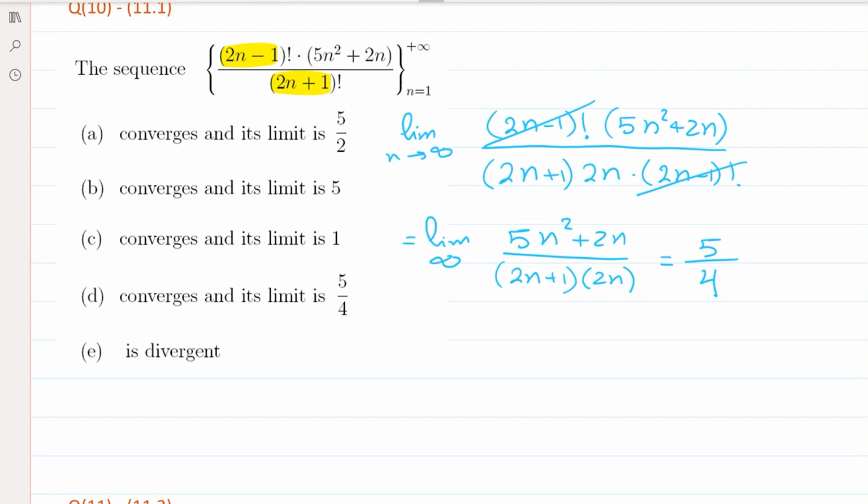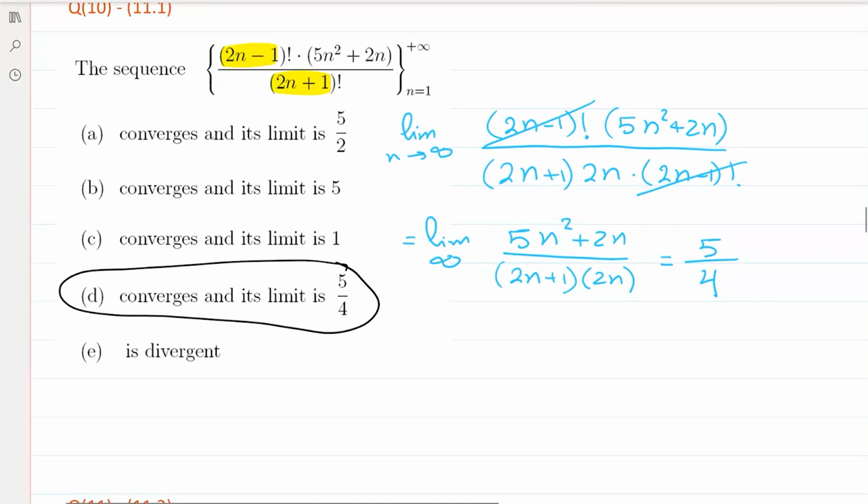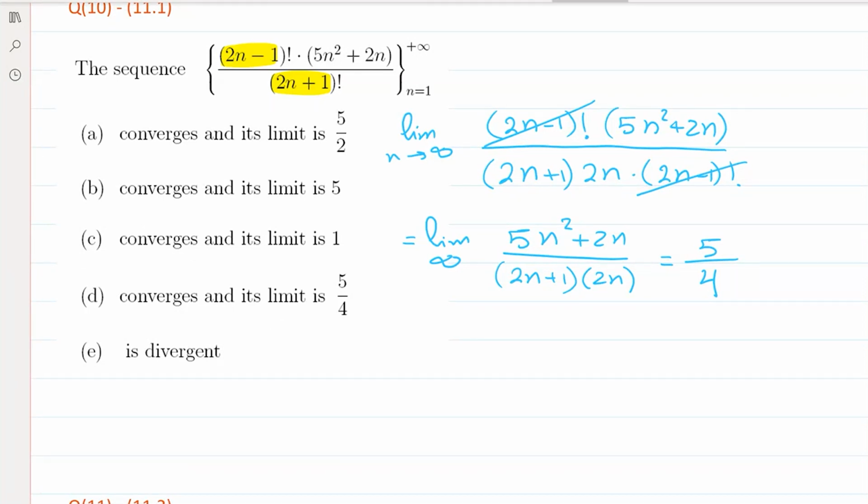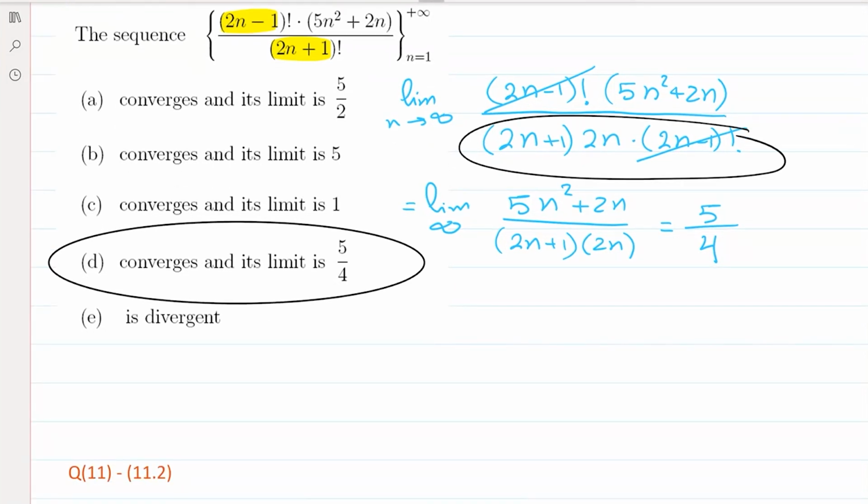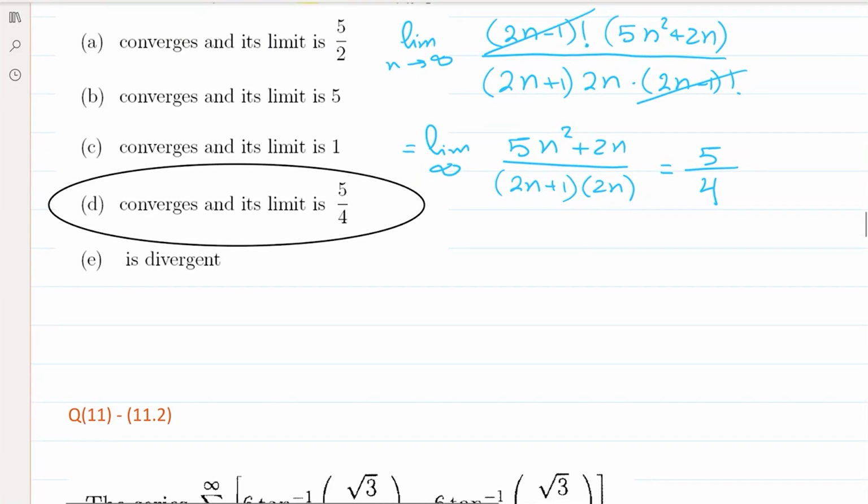Doctor, I didn't understand the denominator of the first line. Okay, you didn't understand how I factorized this? 3 factorial equals what? 3 multiplied by 2 multiplied by 1. 6 factorial equals what? 6, 5, 4, 3, and so on. Can I stop at 4 and put 3 factorial here?